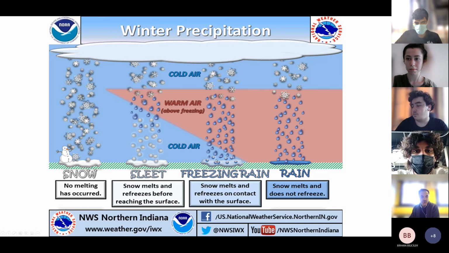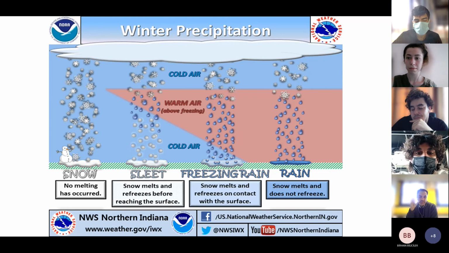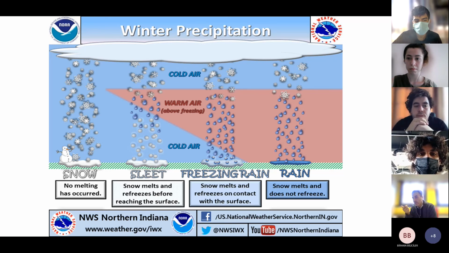Raindrops just freeze after contacting surfaces that have temperature below freezing point. Water suddenly transforms to ice. It is called freezing rain.